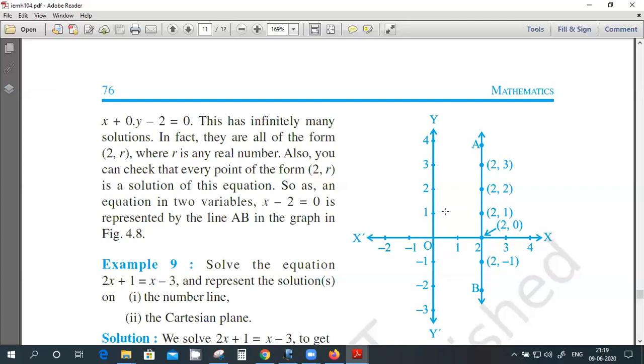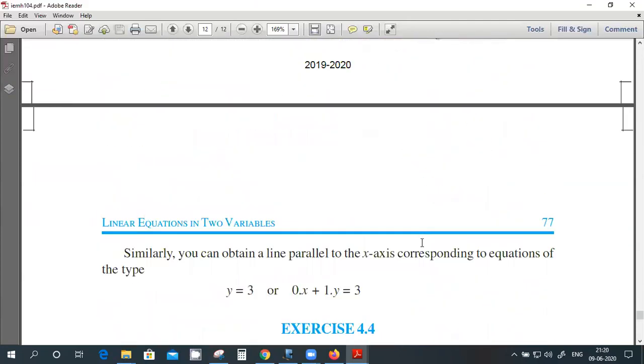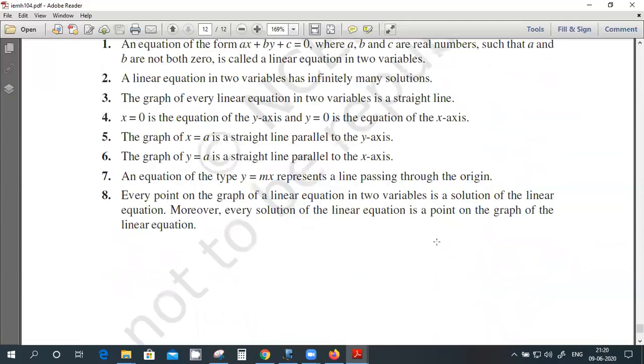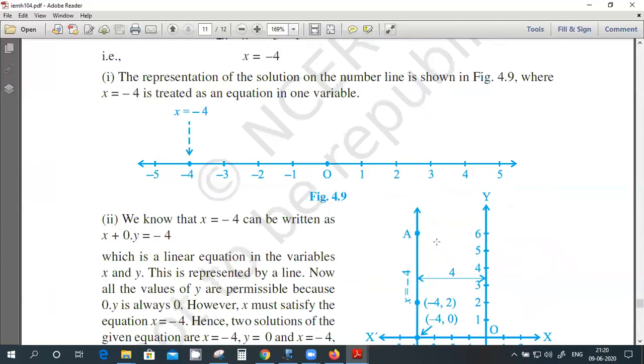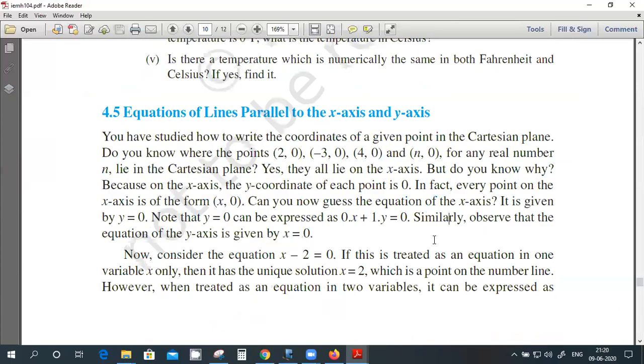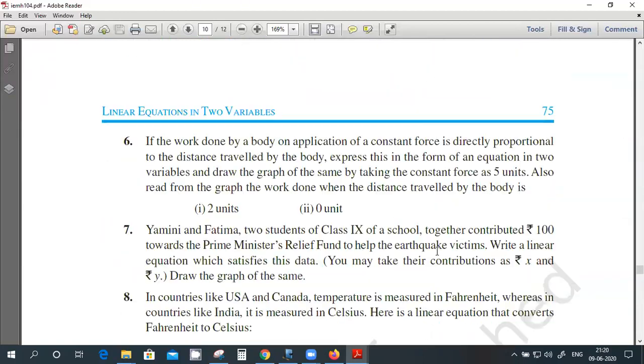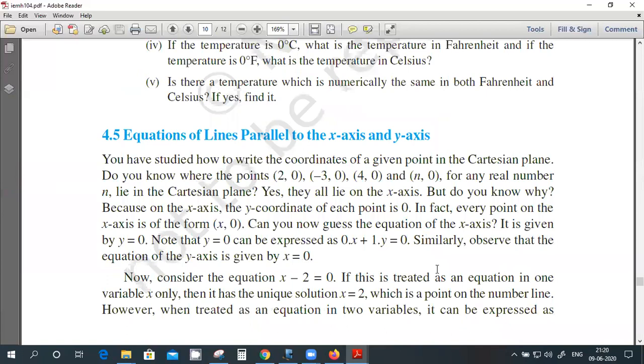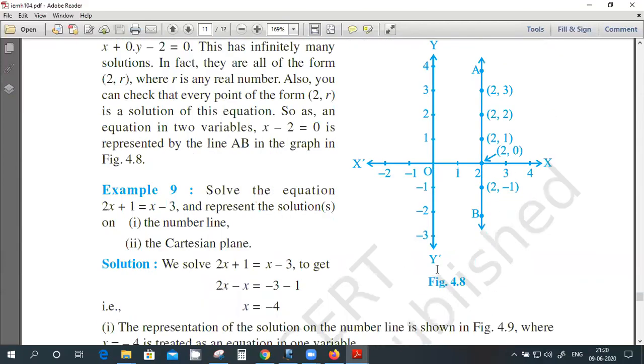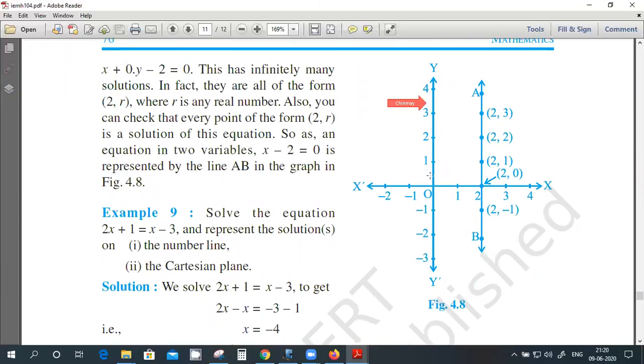Okay. Fine. They have not shown the other line. They have only shown parallel to the y-axis. So similarly, I can have a line parallel to the x-axis. This is the vertical line, right? That is the y-axis.